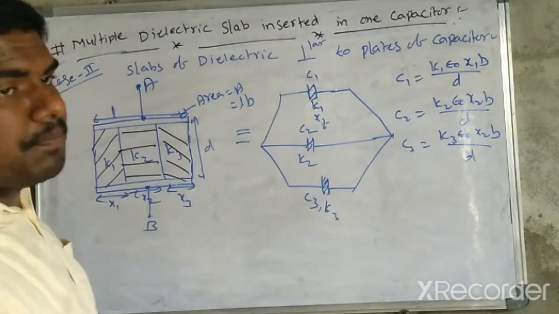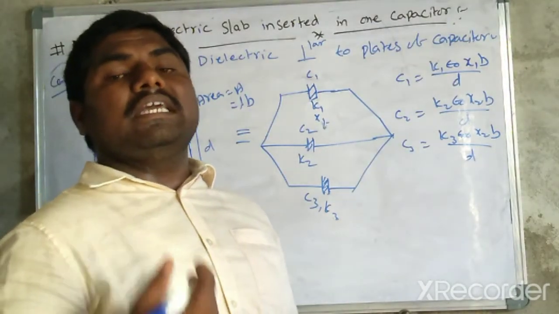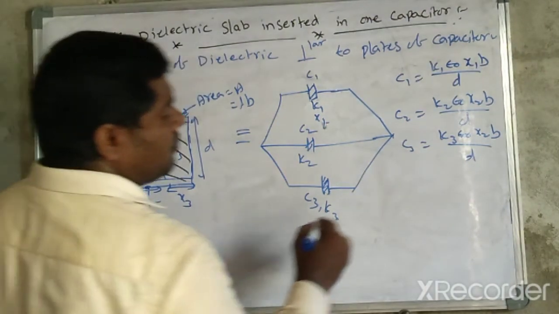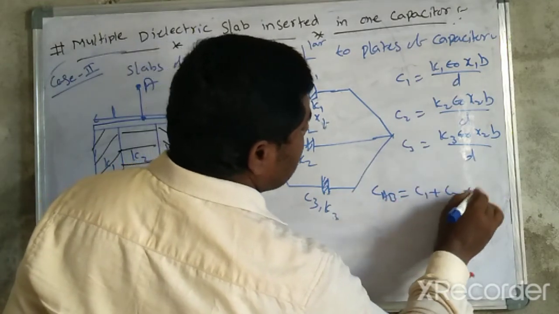Whenever three capacitors are connected in parallel, C1 plus C2 plus C3 is the equivalent capacitor. So C equivalent is equal to CAB, which is C1 plus C2 plus C3.